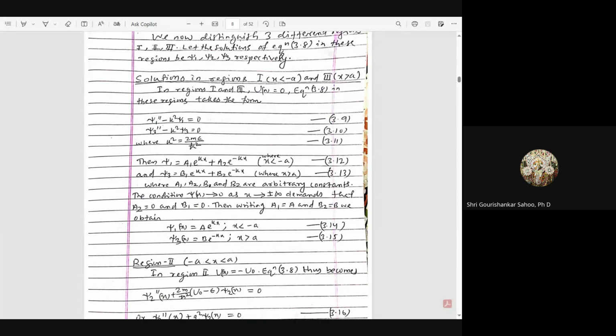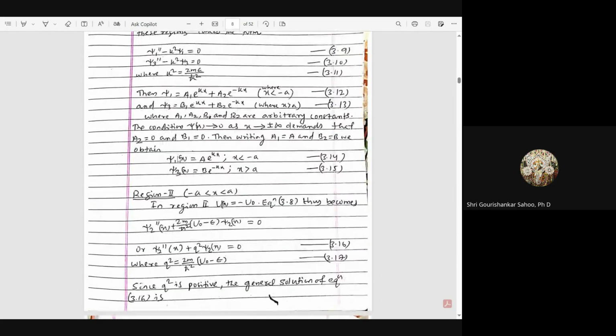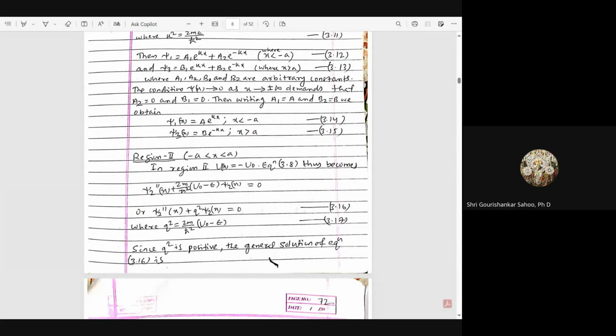Now you have region 2, where U is equal to minus U0. Now the equation becomes psi 2 double dash plus twice m by h cross square (U0 minus epsilon) psi 2 is equal to 0, that is, psi 2 double dash plus q square psi 2 is equal to 0, where q square is equal to twice m by h cross square (U0 minus epsilon).